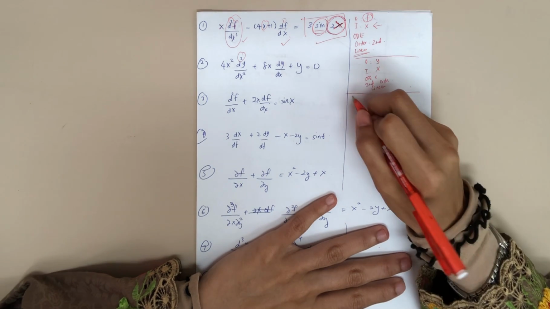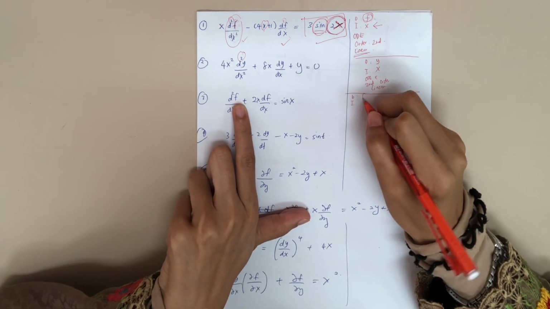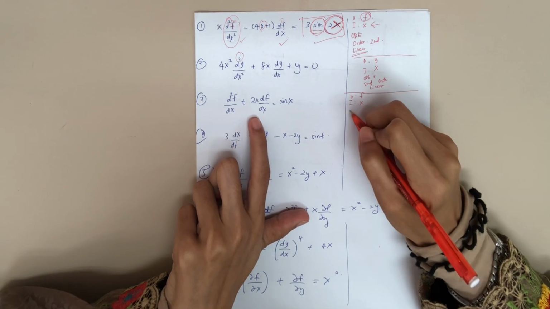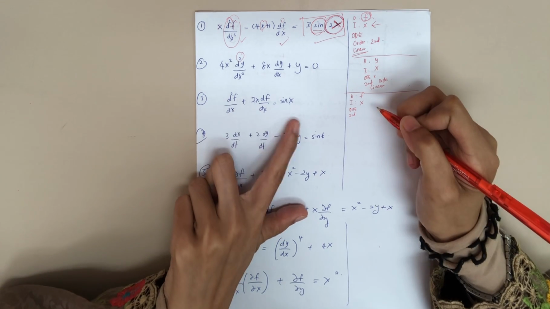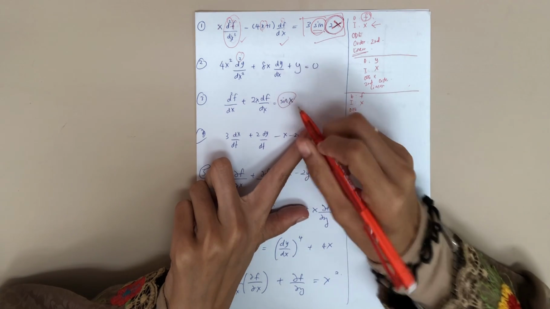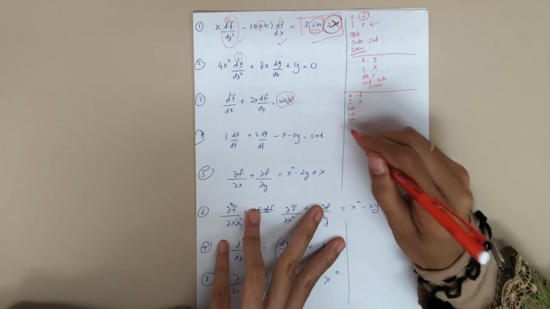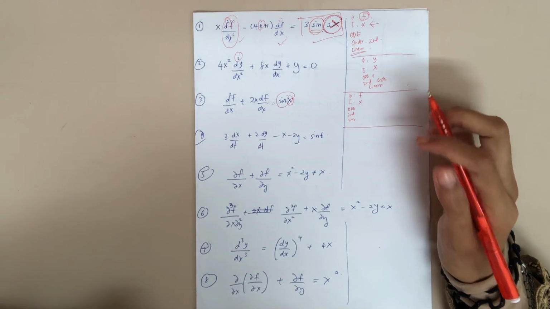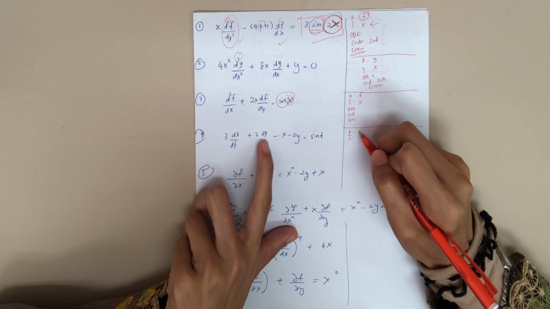For the third one, the dependent variable here is f, and independent here is x. So it's ODE, second order, and is it linear or not? Yes, it's linear because this is sin x, and x is an independent variable. Then for number 4, what is your D? What is your I? Dependent variables here are x and y.